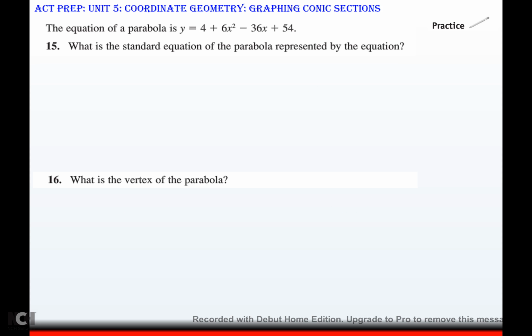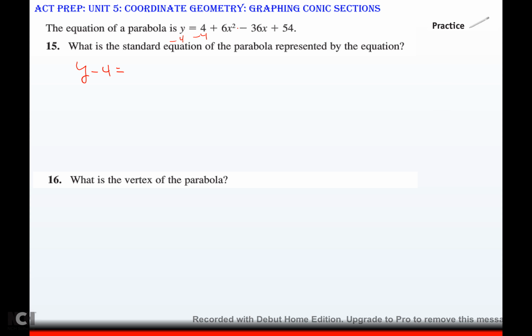Okay? The equation of the parabola is y equals 4 plus and so on. What is the standard equation of the parabola? Again, you might be tempted to combine 4 and 54, which I was at first, but then I realized they set it up really nicely where you subtract this one off, that's your k, and then this side you want to make into a perfect square.